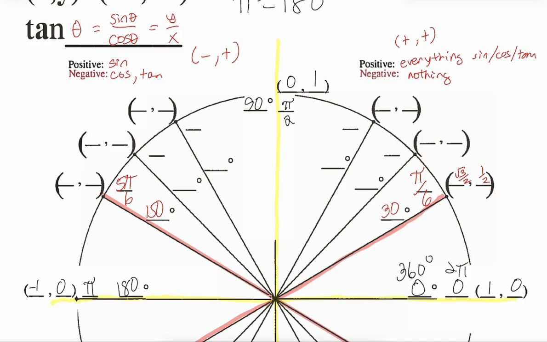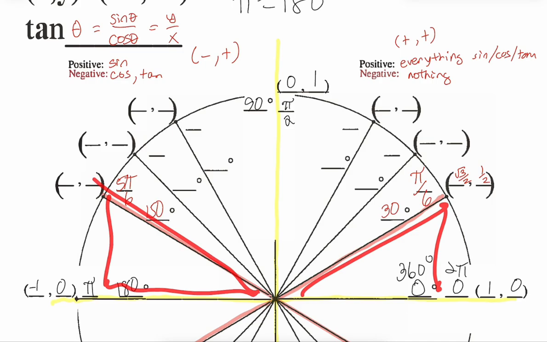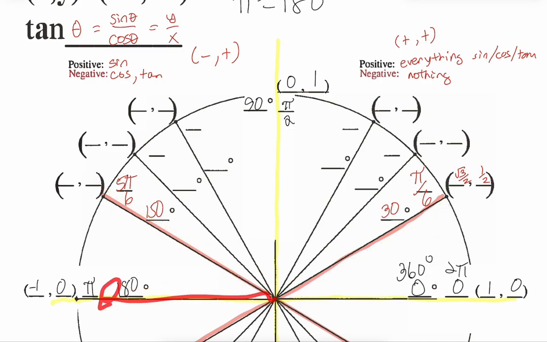So what's great about the triangle that was here, it's the exact triangle right here, except just make your x value negative. So we're going to just repeat those values. So you only have to have memorized the first quadrant, and we're going to repeat the same thing everywhere else.